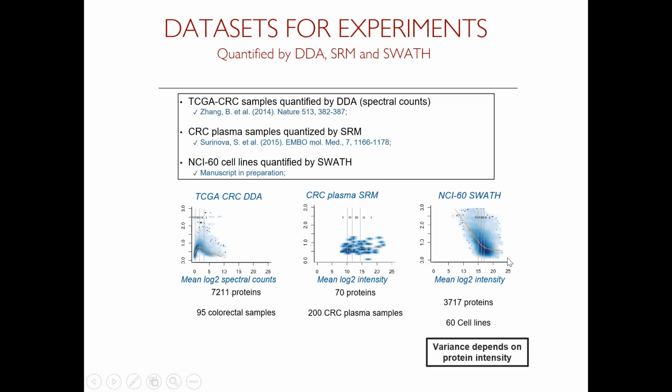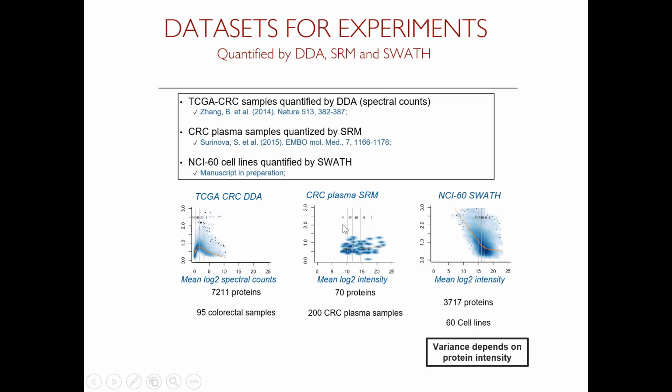What Ting did, she plotted the standard deviation of these proteins on the y-axis and the intensity on the x-axis, and then she broke this down in quintiles, basically 5 areas of proteins behaving in that abundance range. As we can see here in the DIA technique, we see the typical behavior. The highly expressed proteins have low variability, and when they get very low, down to signal to noise, the variability goes up. This is not true for SRM.